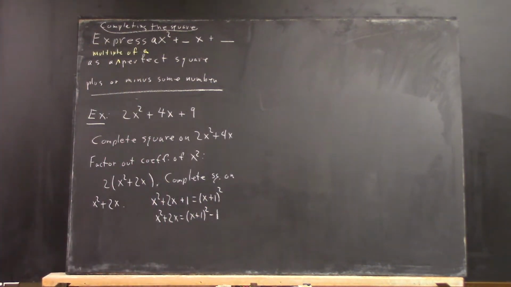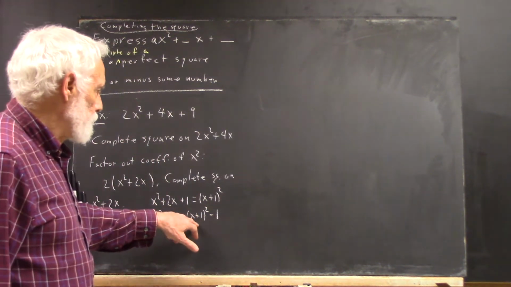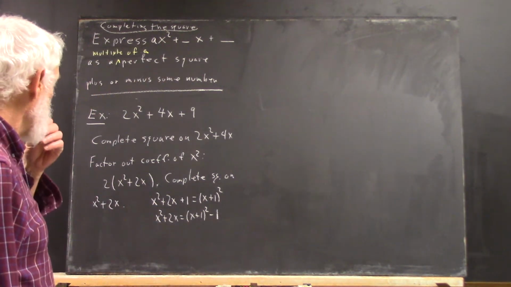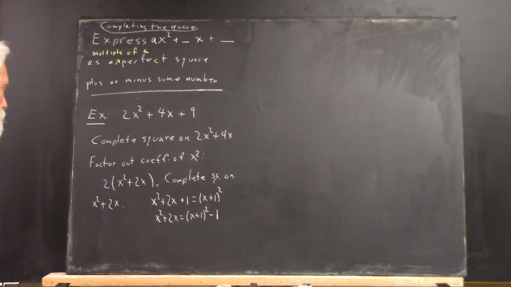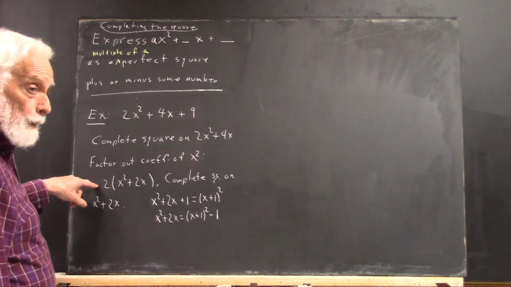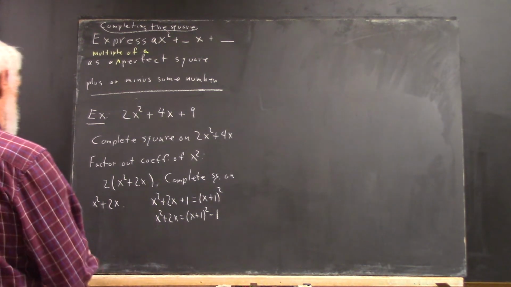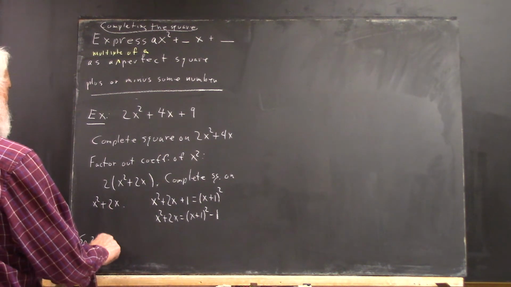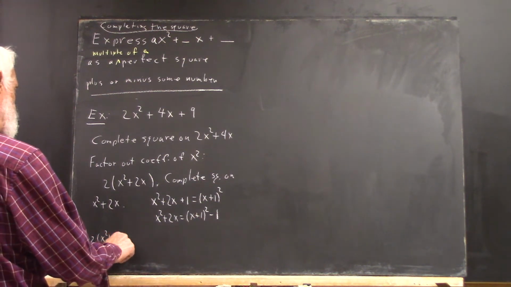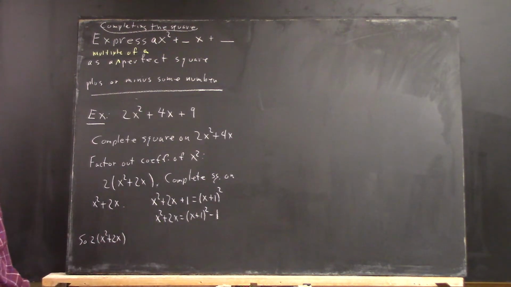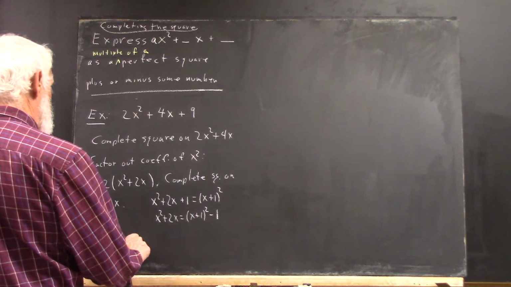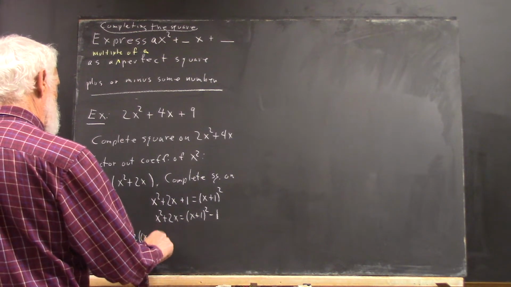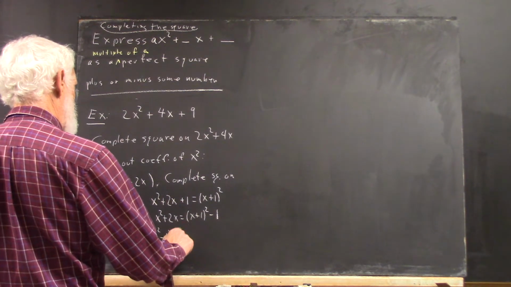So that x squared plus 2x is quantity x plus 1 squared minus 1. Okay, well now we can take that back here. Two times the quantity x squared plus 2x is then 2 times quantity x plus 1 squared minus 1.